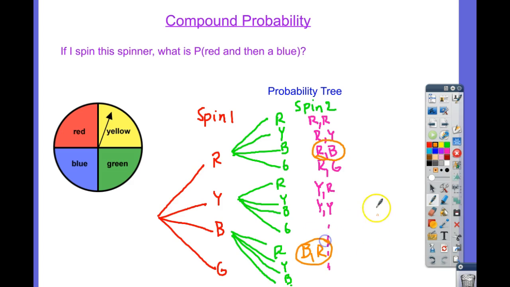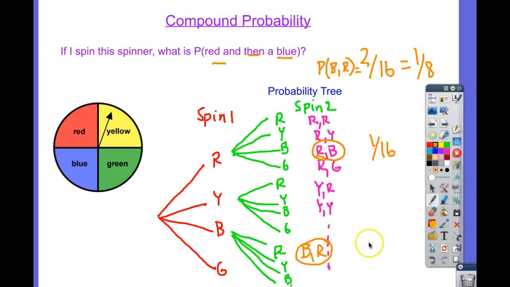So here's 2. Again, there will be 4, 4, 4, and 4, which is 16. So that will be 2 out of 16 for probability of blue and a red, which we know. We found that out with the area model. Again, if it wanted a red and then a blue, it would only be this one. So that would be 1 out of 16.